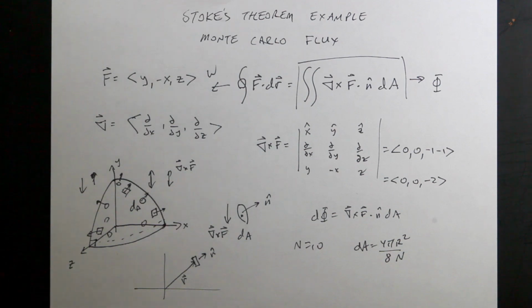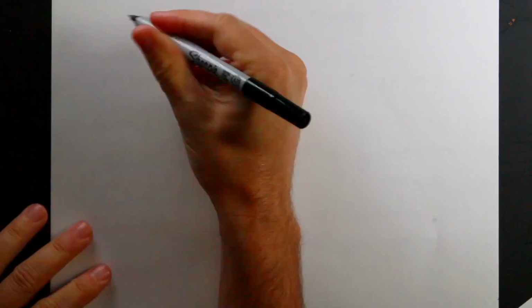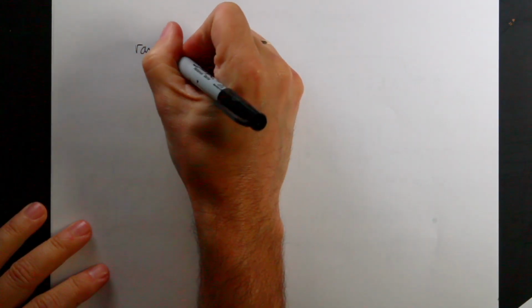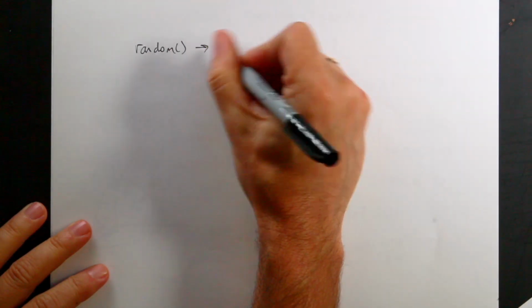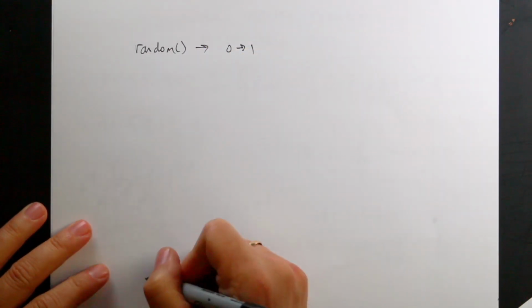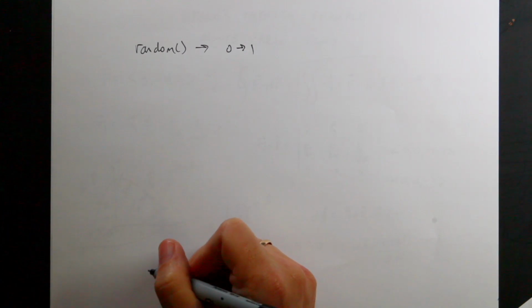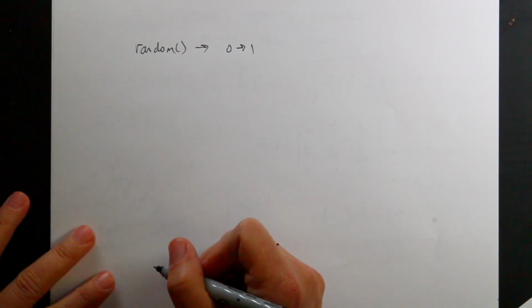Let me get another piece of paper. So in Python, in GlowScript VPython, we have the function random.random(). It returns a number between 0 and 1. So I can generate a point in space with random, random, random.